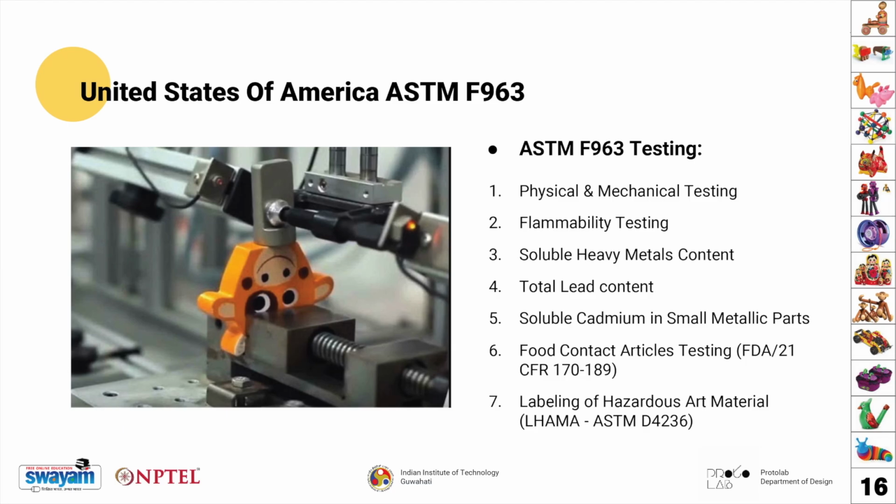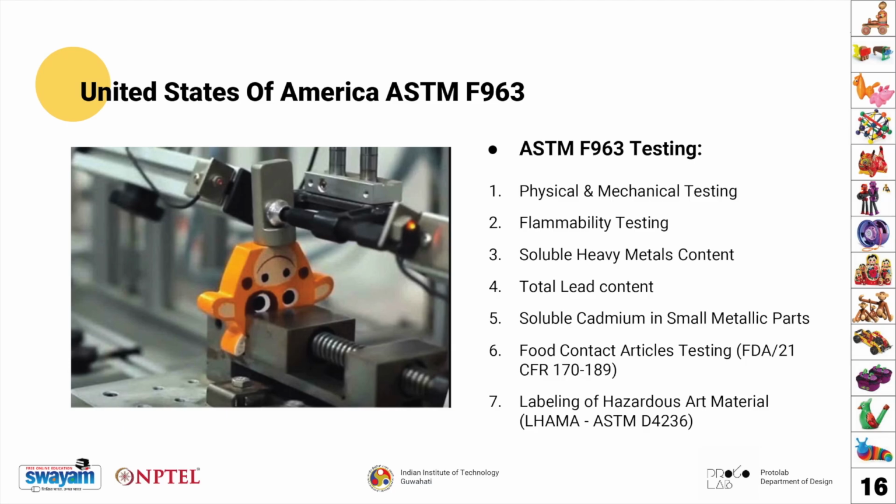Excessive lead exposure can cause serious health issues, particularly in young children. Fifth, soluble cadmium in small metallic parts. Small metallic components in toys are tested for cadmium release. If swallowed or chewed, cadmium exposure can be harmful, so strict limits are enforced to ensure safety.